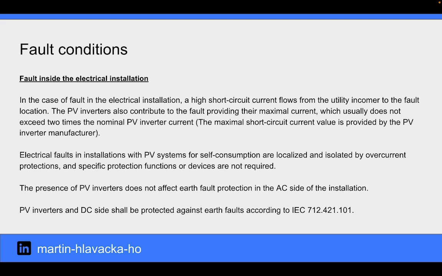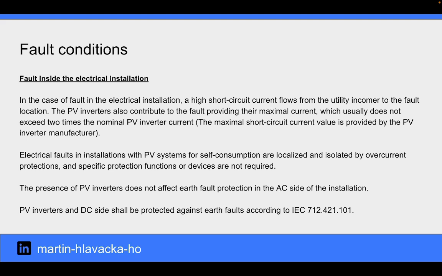Electrical faults in installation with PV systems for self-consumption are localized and isolated by overcurrent protections, and specific protection functions or devices are not required. The presence of PV inverters does not affect earth fault protection in the AC side of the installation.